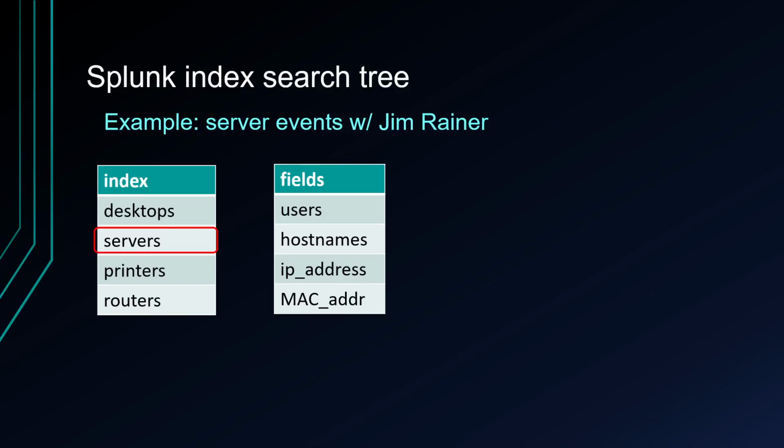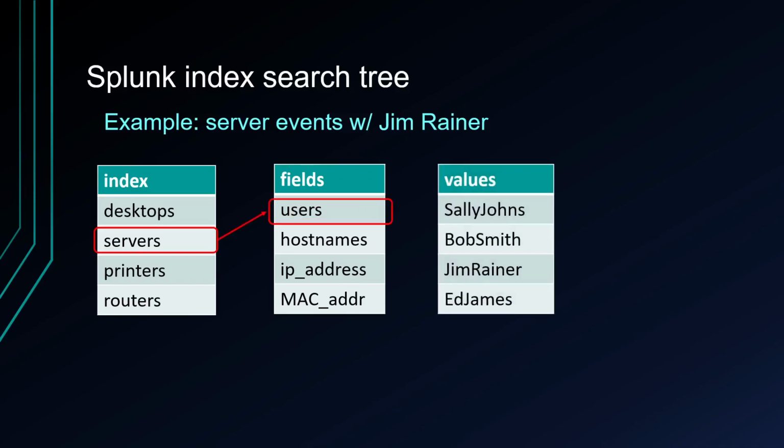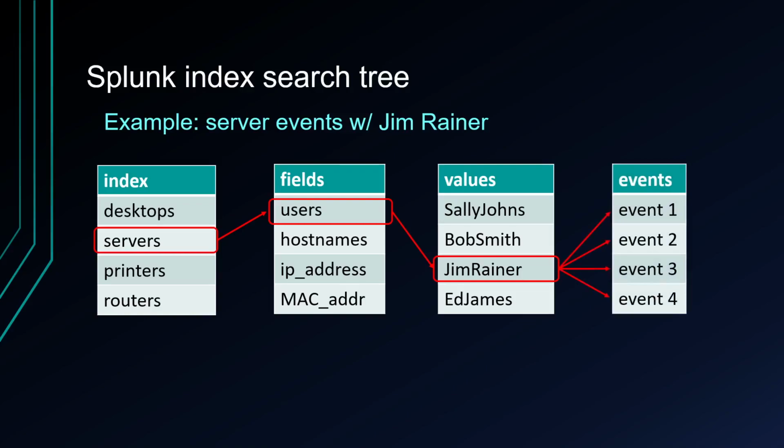So we're going to click on users because we are looking for a specific user. Now Splunk presents us with 4 different values: Sally, Bob, Jim, and Ed. So we're looking for Jim Raynor, so we select Jim Raynor.